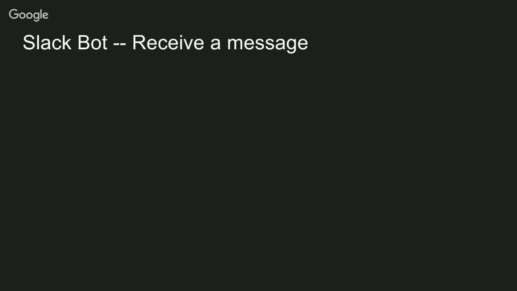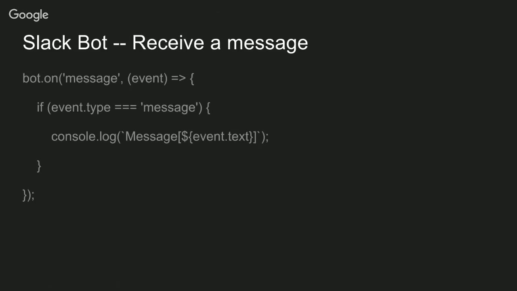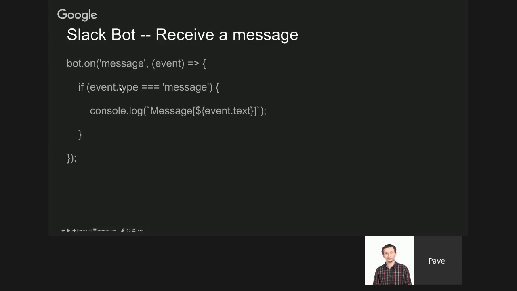So first is initialization. The next thing we may start with is receiving a message from the bot. After we have created the bot object, we're able to listen for messages which it receives. They come in as events, and an event is like a JSON object with fields, one of them being type.